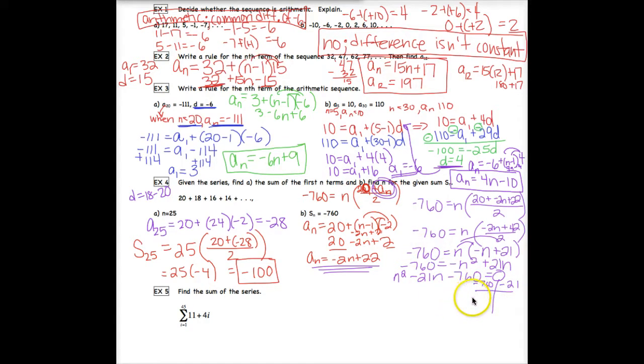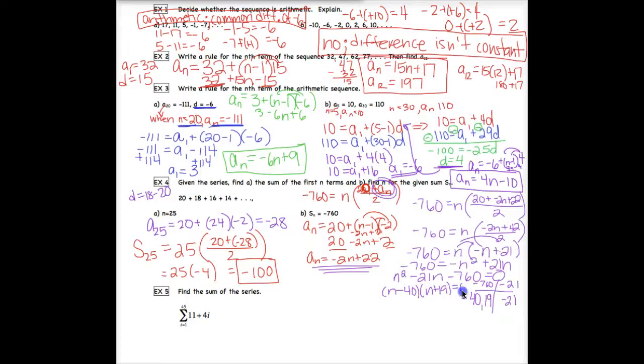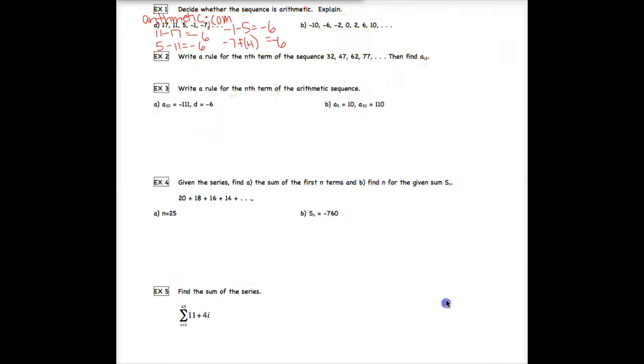All right, so hopefully the factors that you came up with are positive 19 and negative 40, which gives you negative 21. So that means you put these two things right in your parentheses, n minus 40, n plus 19 equals 0, which means n is 40, or n is negative 19.